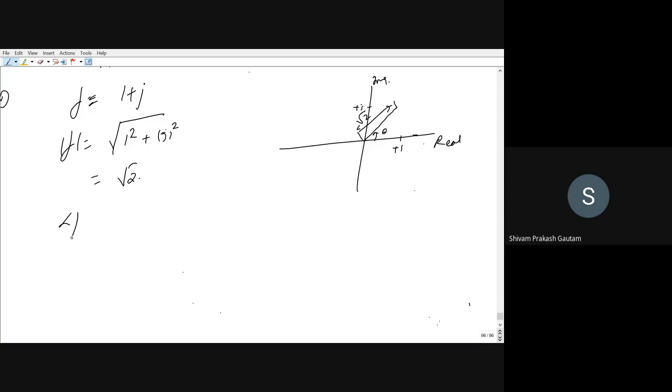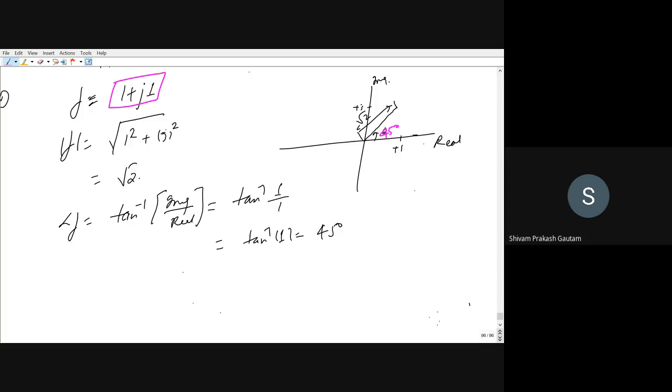So the phase, that is, angle of f, we can calculate by tan inverse of imaginary upon real. The coefficient of the imaginary part is 1, so tan inverse of 1 divided by 1, that is tan inverse of 1. Tan inverse of 1 is how much? It is 45 degrees. We can see in the coordinates also, this angle is 45 degrees. Are you getting this? How to calculate the phase and magnitude of 1 plus j?